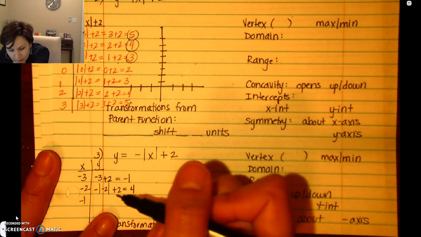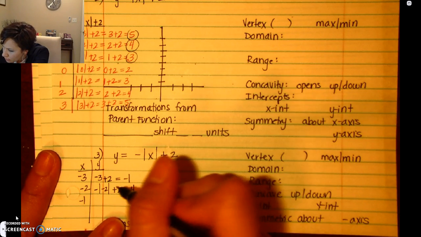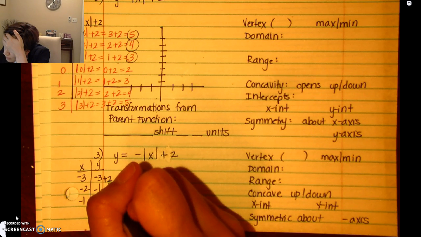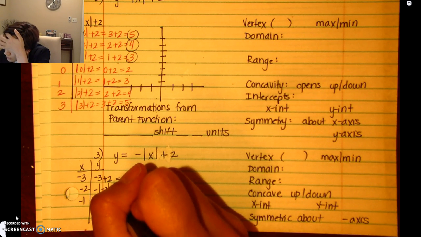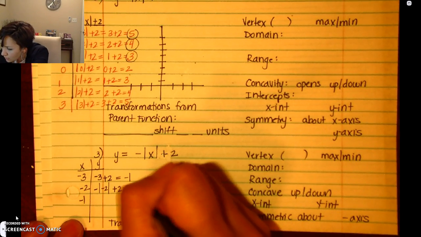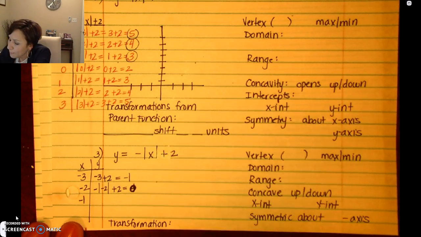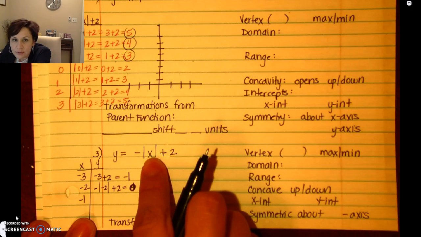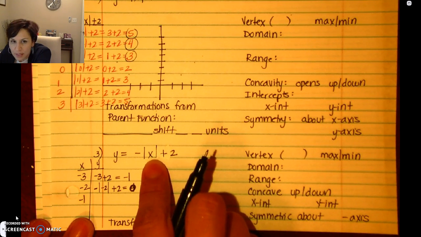Sorry, my bad. If I have x equal to -2, the absolute value of -2 is a +2. The opposite of +2 is -2. -2 plus 2 is 0. Okay, if I plug in -1 here, what is the absolute value of -1? It is a +1.